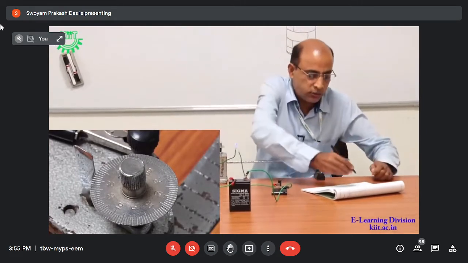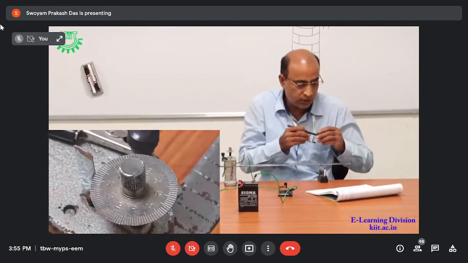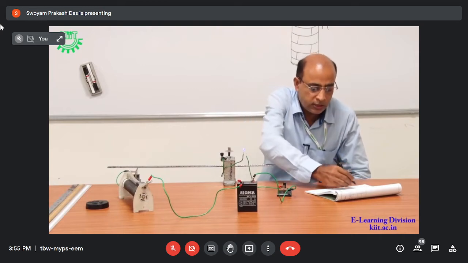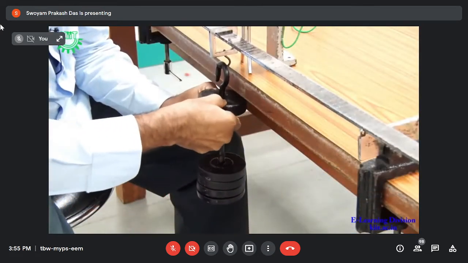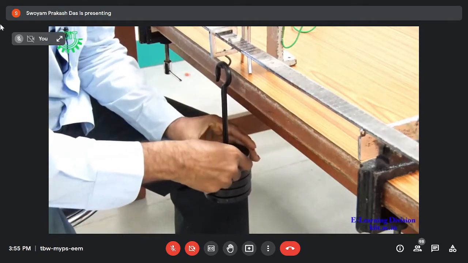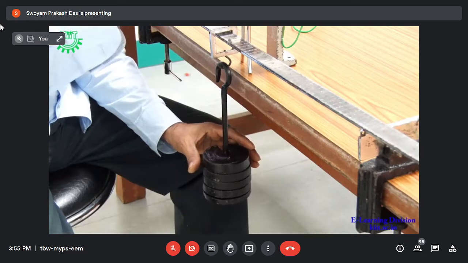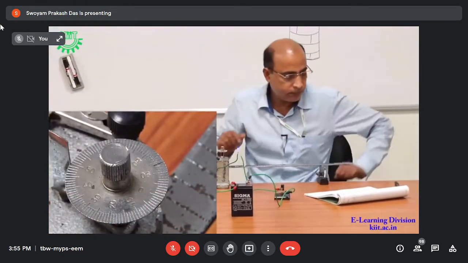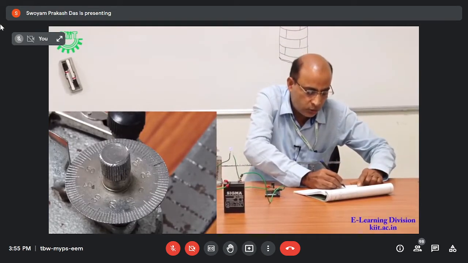We will note down 33 as the final reading for 2000 gram load without any rotation. Now this 33 becomes the initial for the next, that is 2500 gram, the last load to be given. Now the reading is 50. So the final reading of 2500 gram load is 50 without any rotation.